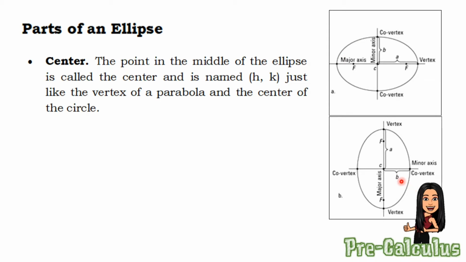Nasa (0, 0) siya. Ito yung center natin, the yellow point. But in case that we will be having examples of ellipse whose center is not on the origin, therefore, we will be naming that center to be (h, k) just like any other conic section.